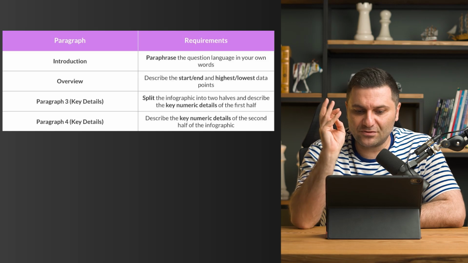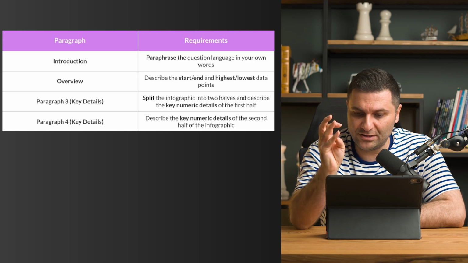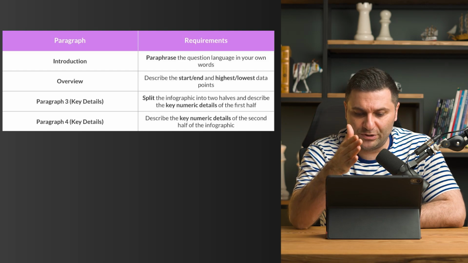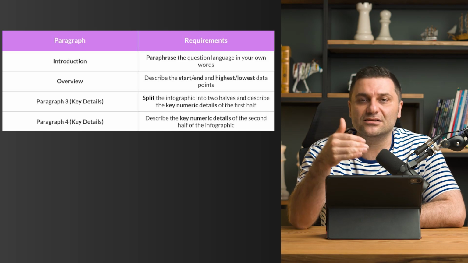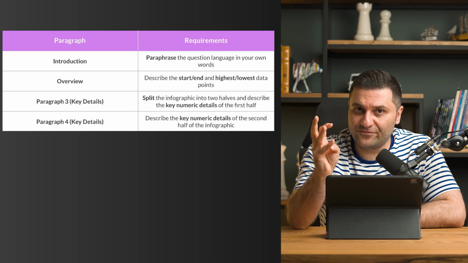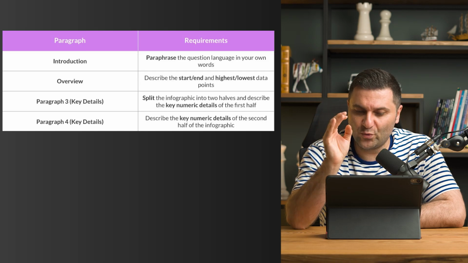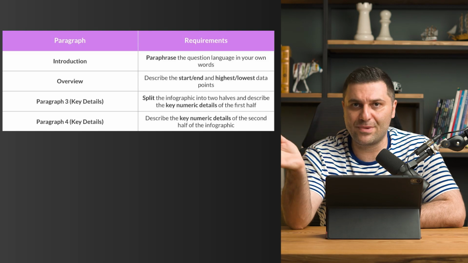All right. Our second paragraph will be our overview. In the overview, we describe the start and end and the highest and lowest data points. Paragraph 3 and paragraph 4 will be key details of our graph or a map or a process.